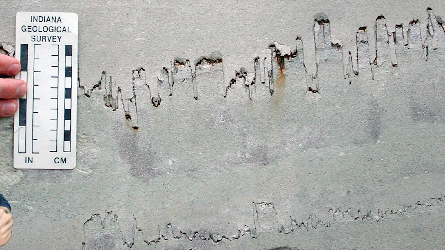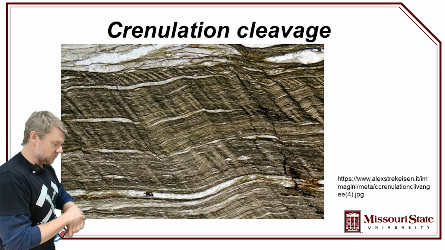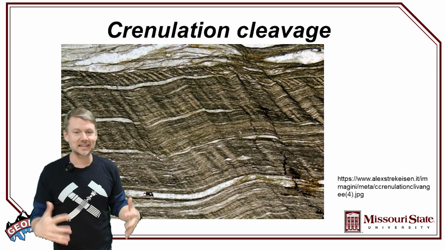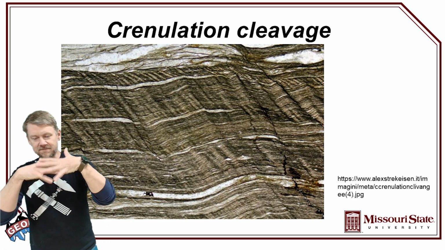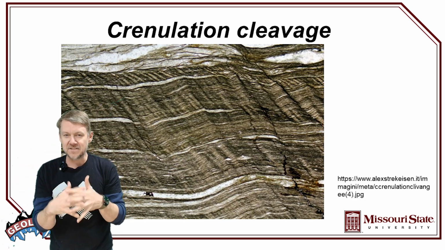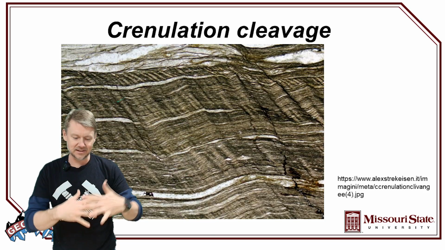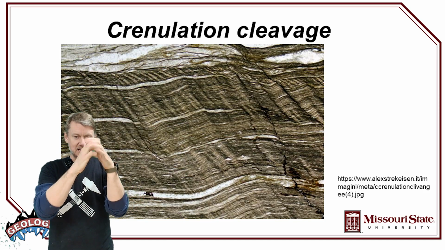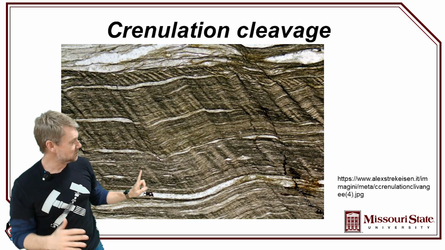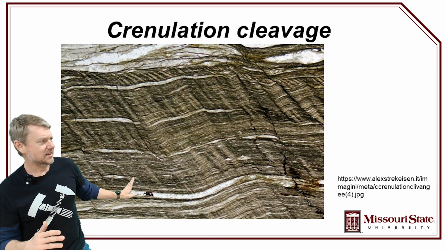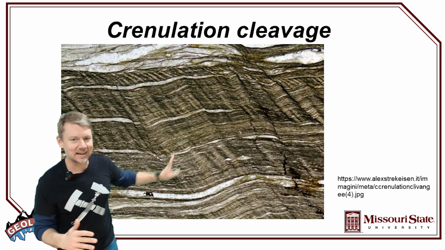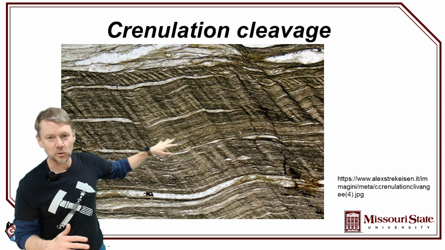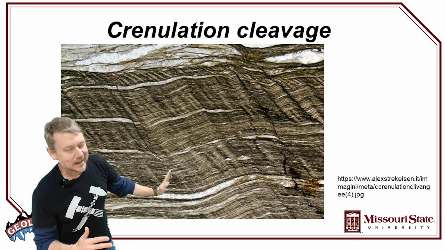All right, another really cool feature that we'll see pretty commonly is called crenulation cleavage. So when you start folding up a rock, particularly like phyllites and higher grade slates, you'll see the rocks start kind of folding, and when the folds start getting closer, they start to develop these cleavage planes. You can see almost where it looks like the wrinkles are lining up, right? Every one of these is a little fold wrinkle, and then they're starting to kind of line up.